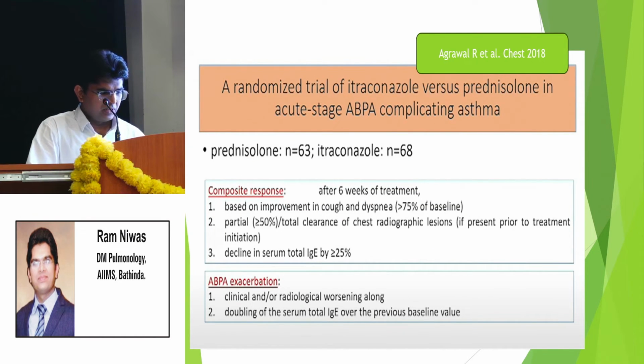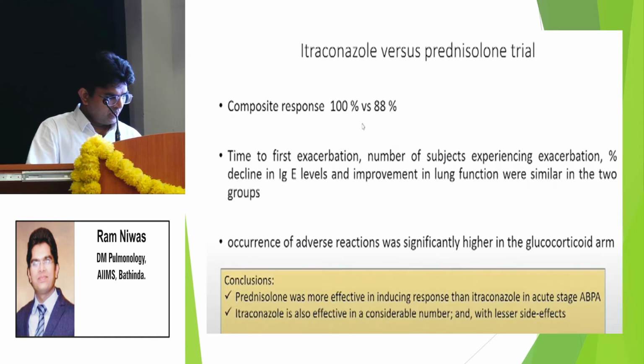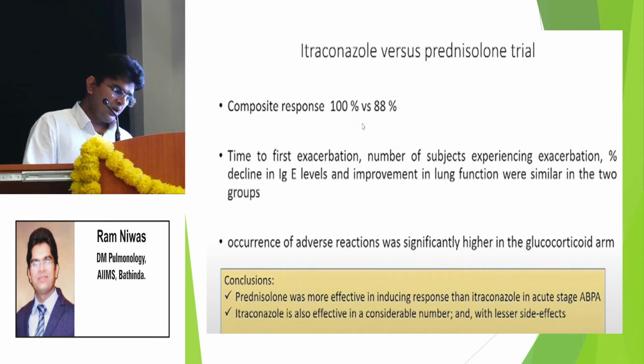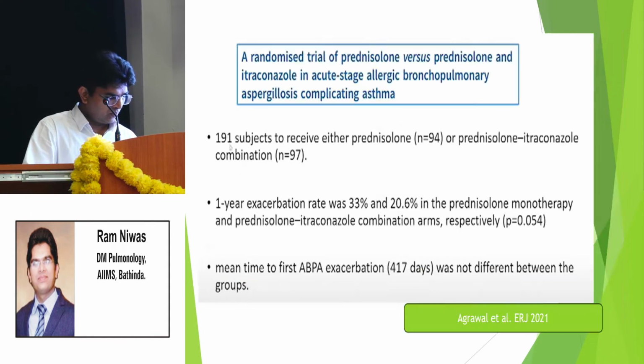This is another study that compared itraconazole versus prednisolone. It was published in Chest 2018, and they reported that the composite response was 100% with prednisolone as compared to 88% in itraconazole.